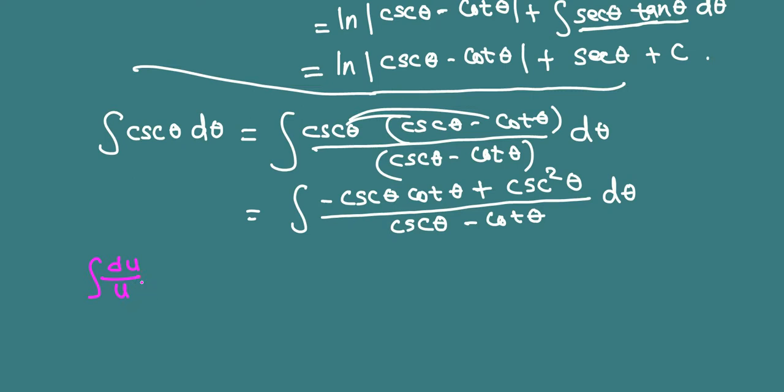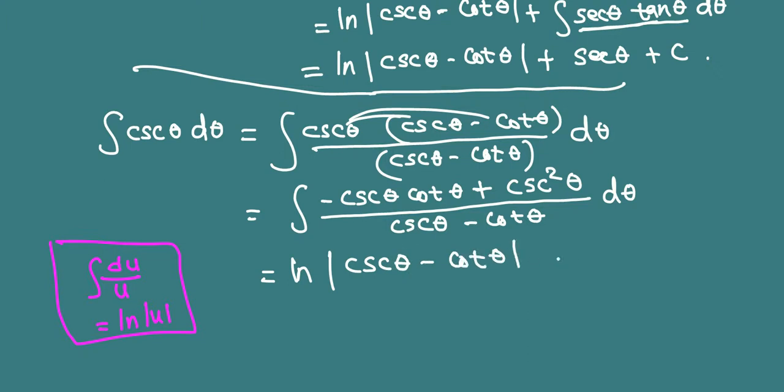The top is the derivative of the bottom, then the integration is natural log of the absolute value of u. So the entire integral is natural log of the absolute value of the bottom, cosecant theta minus cotangent theta. Plus c is always there. That's what we used earlier.